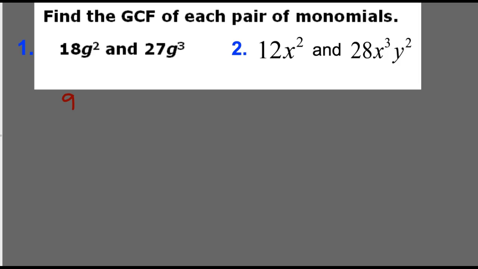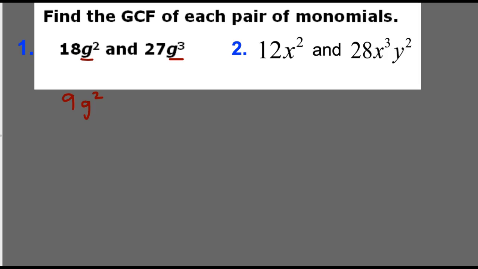Do you agree? Yes. And then they also have variable parts, g squared and g cubed. So in this case, they would both have two factors of g, or in other words, g squared in common. So 9g squared would be the greatest common factor.